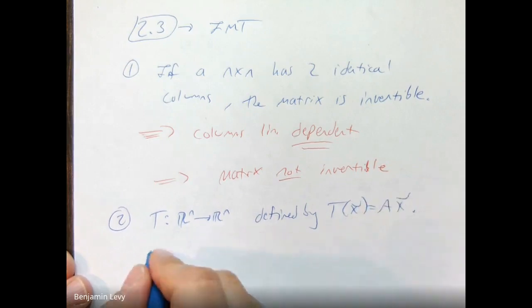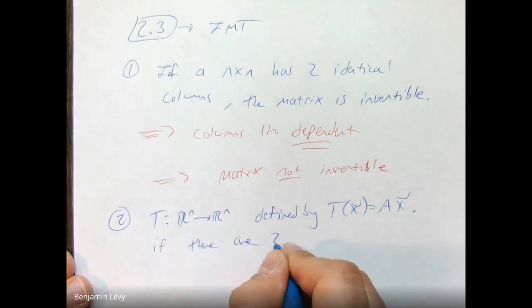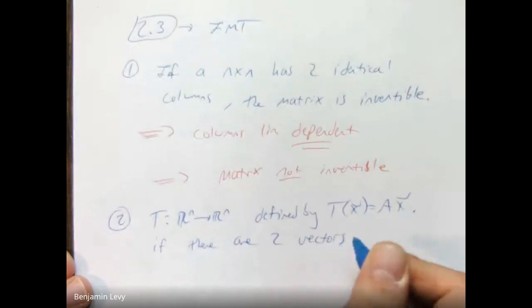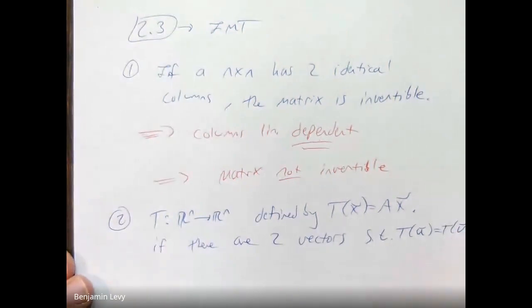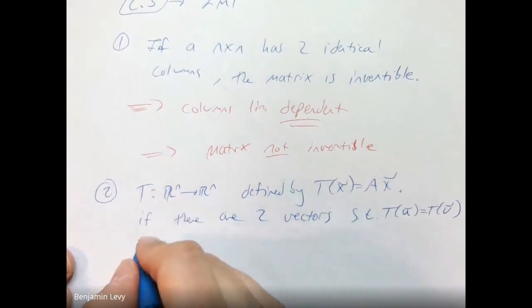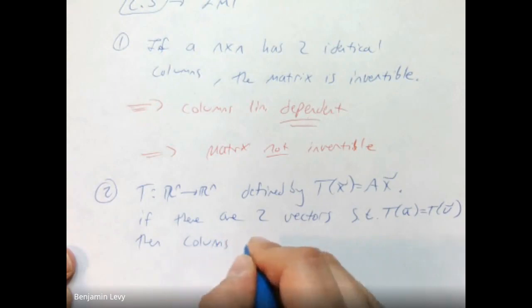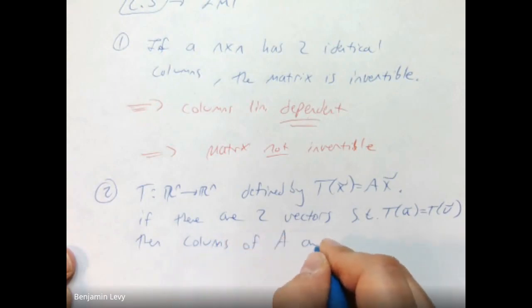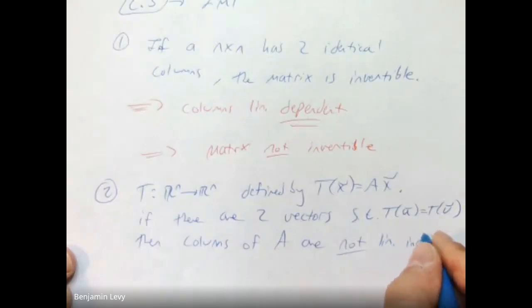And it says if there are 2 vectors such that T of u equals T of v, then the columns of A are not linearly independent. This one's kind of a mouthful.